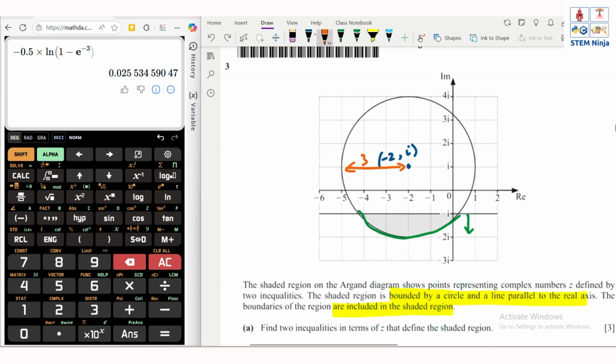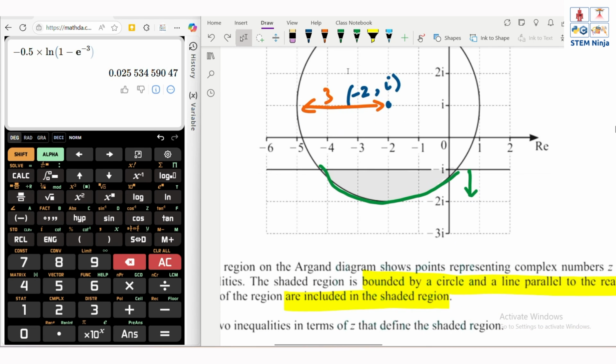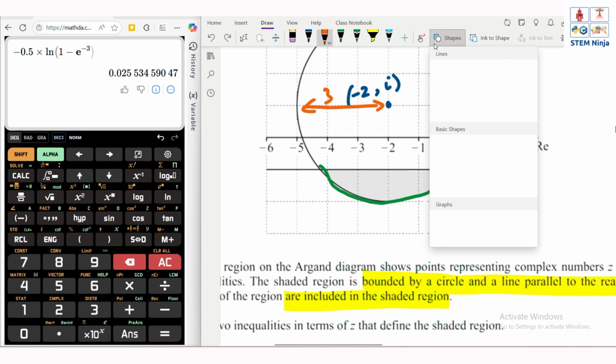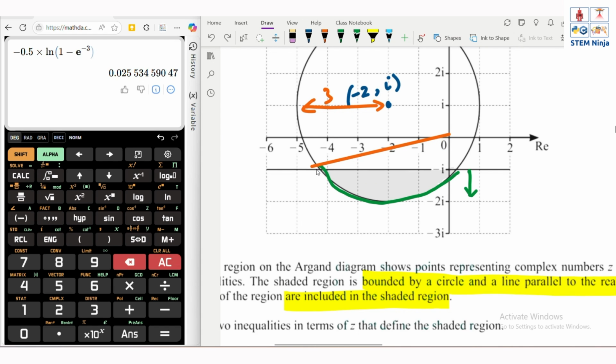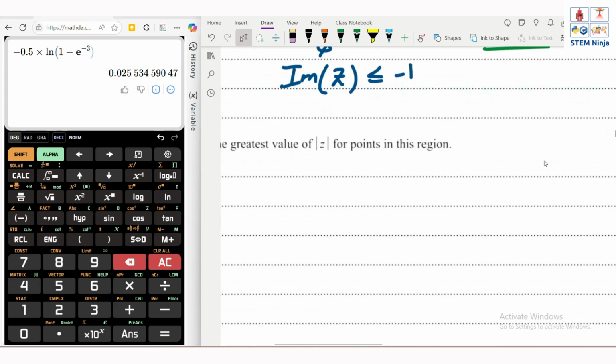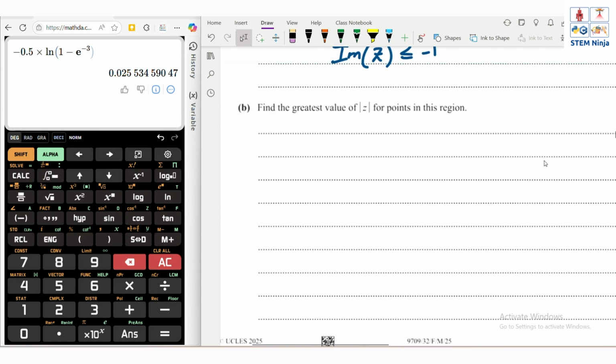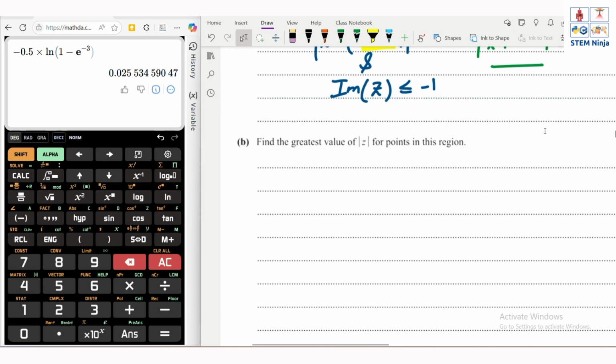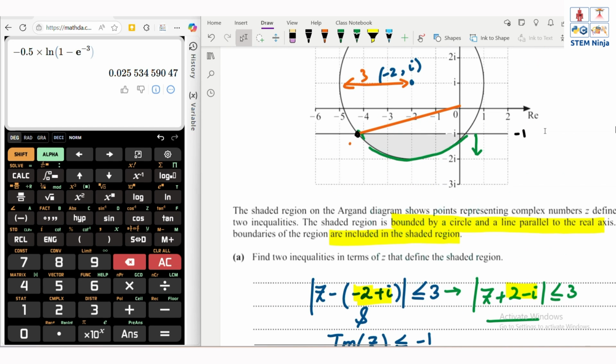So we just need to see where the furthest point from the origin is, and you would realize quickly that it is this point of intersection over here. -1 is the y coordinate of this. We need to figure out what the x coordinate is also. For that, we can use the circle equation and equate it with y equal to -1.